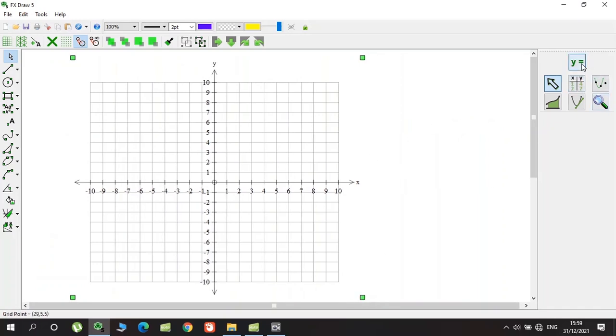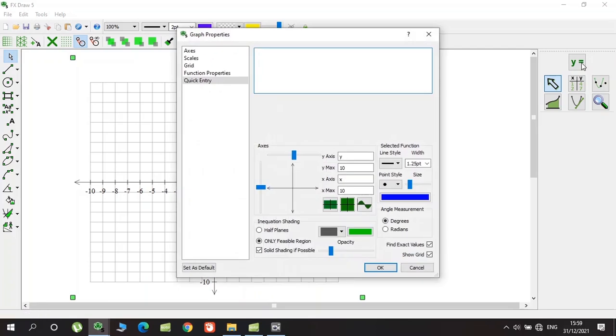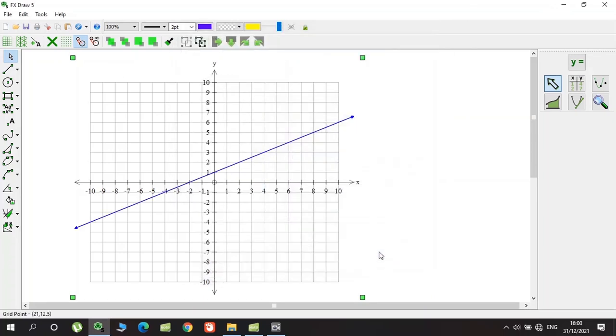Okay, let's write some equations here. Y equals 1 over 2 x, let's write that one in parentheses, 1 over 2x plus 1.